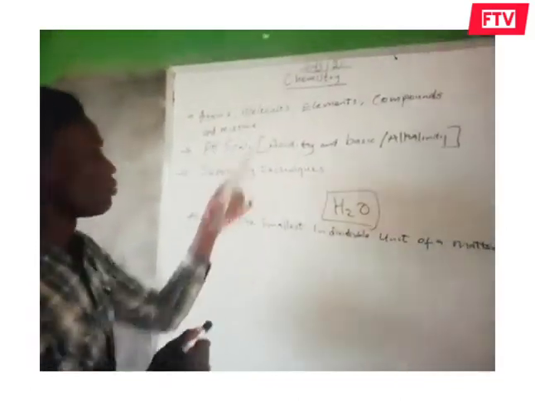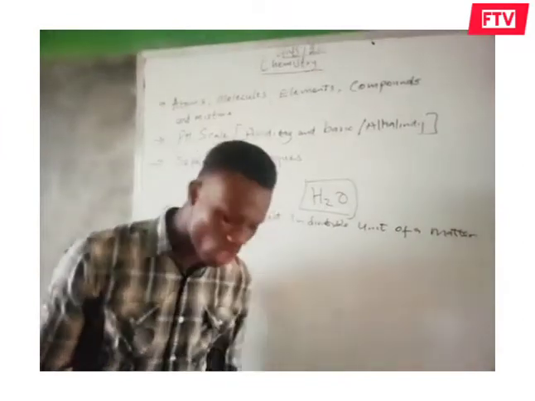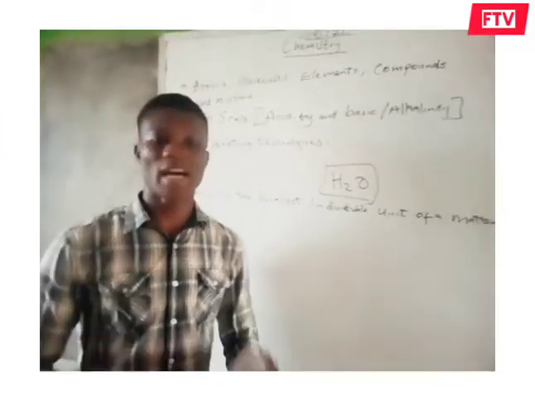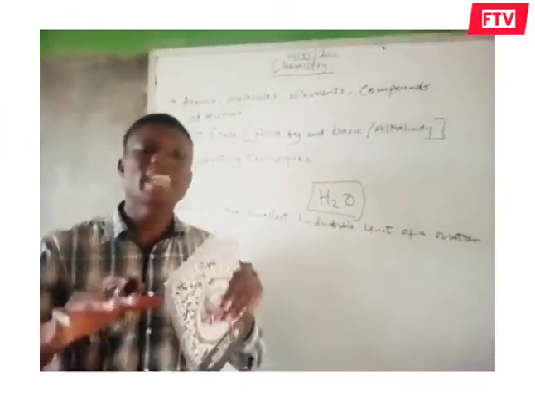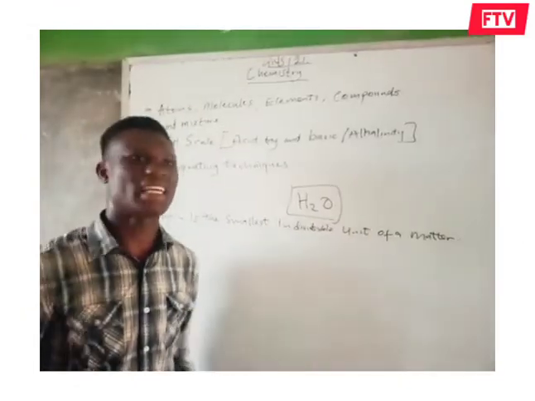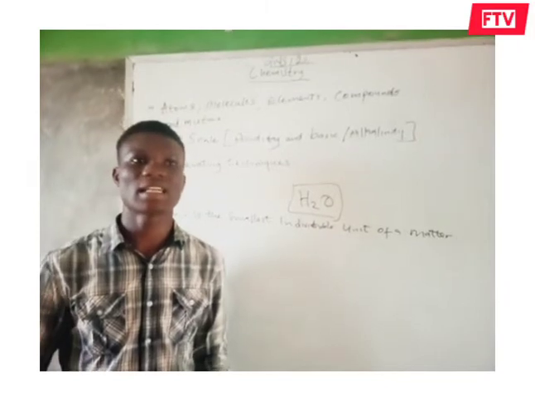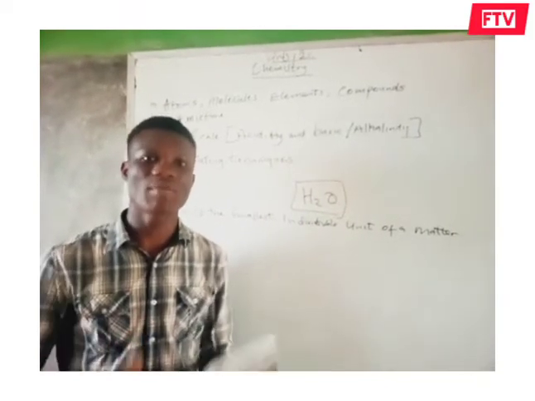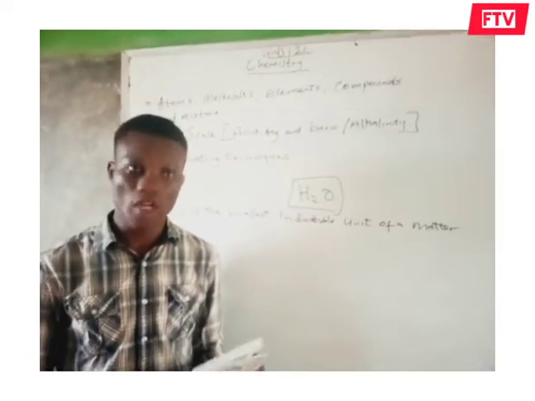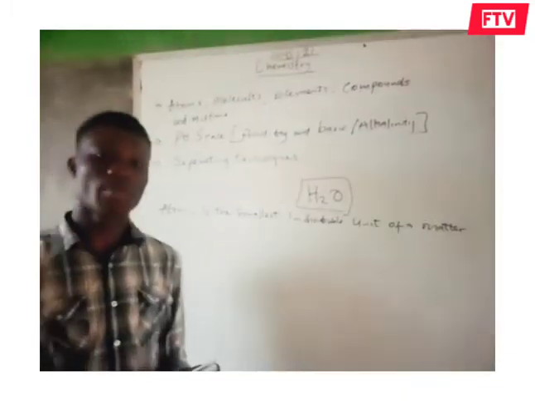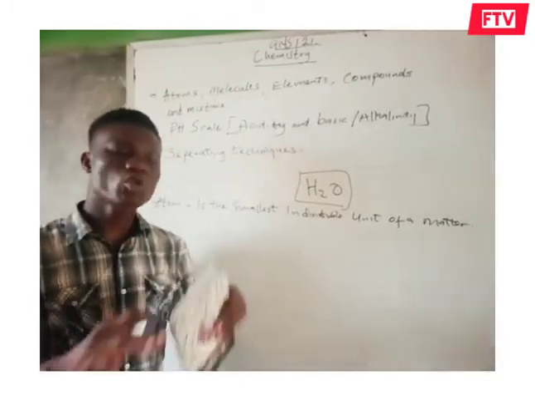Now let's go to the second one, molecules. A molecule is a group of atoms that are bonded together, and they can take part in chemical reactions. Let me come again. A molecule is a group of atoms.